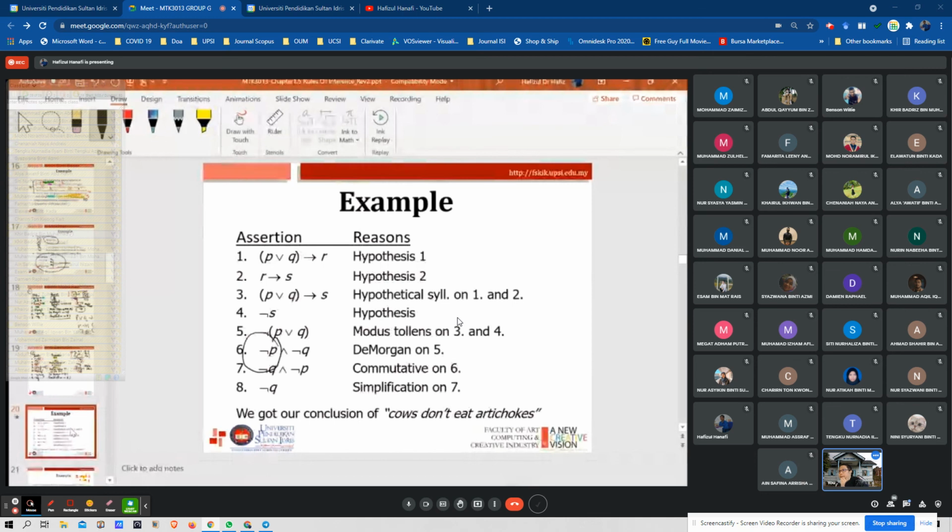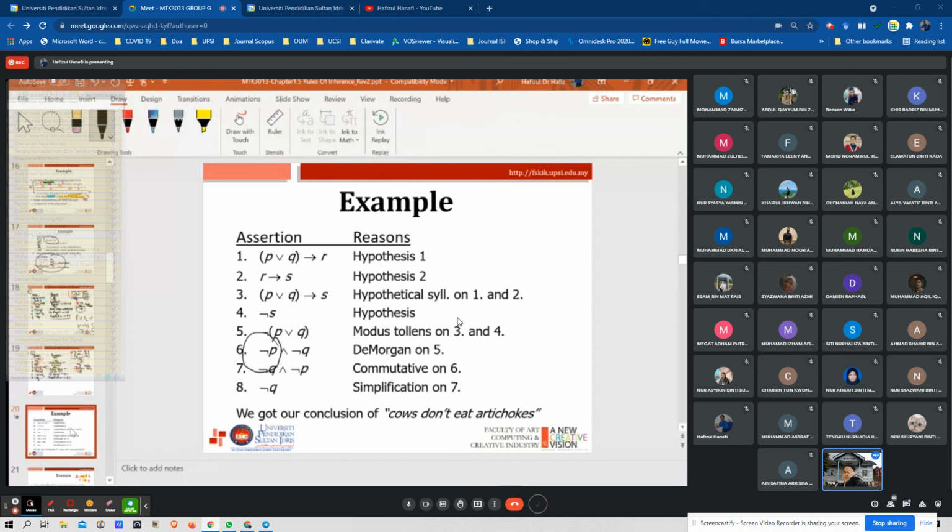Okay, example, illustration ni. This one we look for the first condition. Okay, P or Q implies R is hypothesis 1, R implies S is hypothesis 2, and then we have hypothetical syllogism on 1 and 2, makes the hypothesis 4 lah. And then we have modus tollens on 3 and 4, and then we have De Morgan law on 5. Okay, and then we have commutative law on 6, and then we do the simplification on 7.